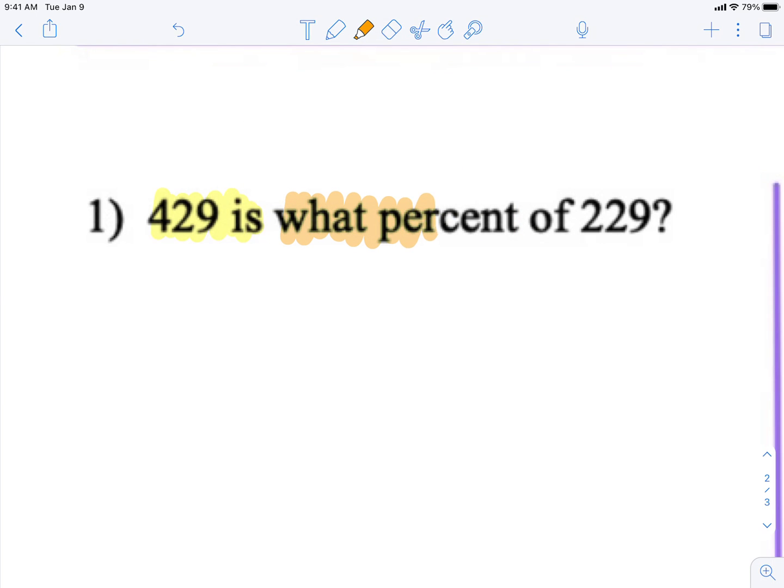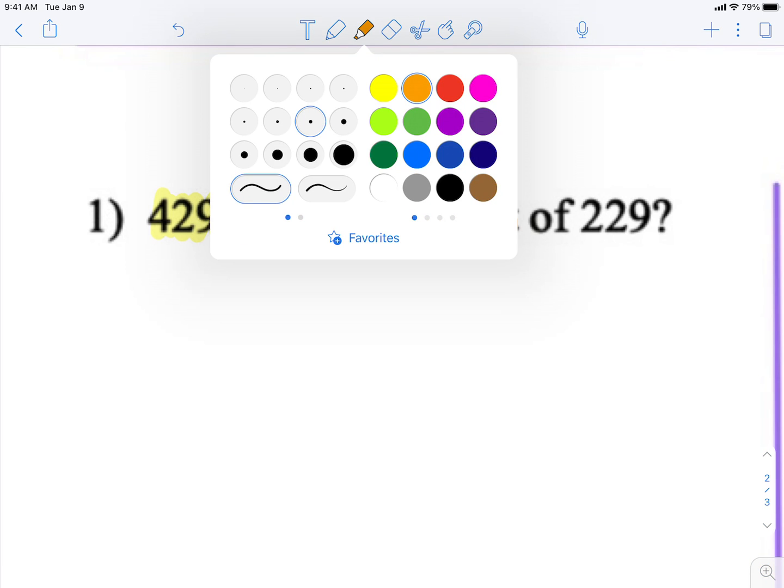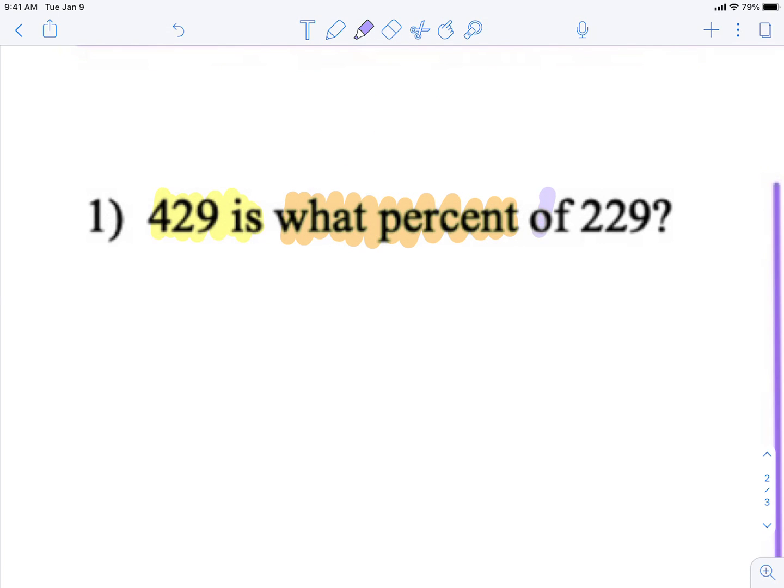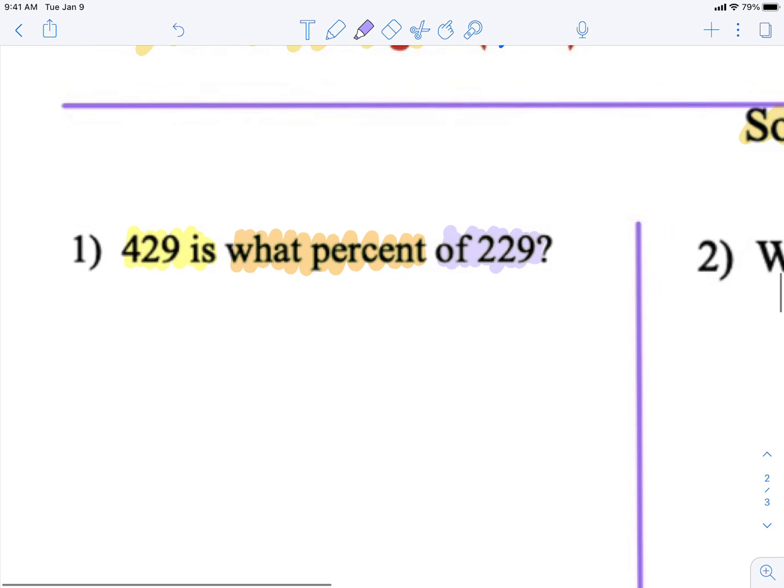What percent? What? I don't know. When you say what, that means you don't know. And let's pick this purple here. Of 229. Look at that. We have all our parts.